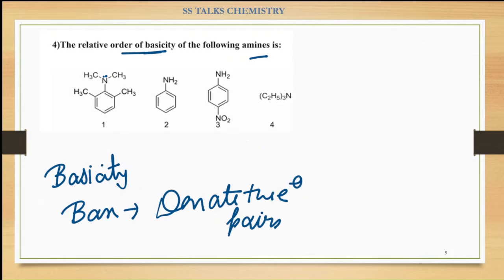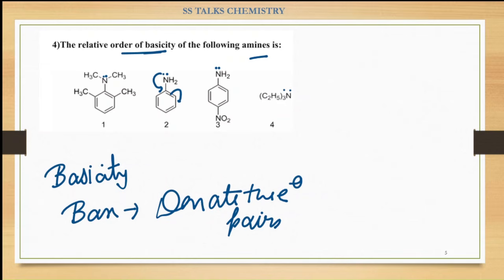In each of these species you see the nitrogen atom is present, and we have to see where there is more availability of the lone pair of electrons on the nitrogen center. That species is going to give its electron density, which means it is going to act as a base at a faster rate. In molecules 1, 2 and 3, the lone pair of electrons present on them is involved in conjugation like this.